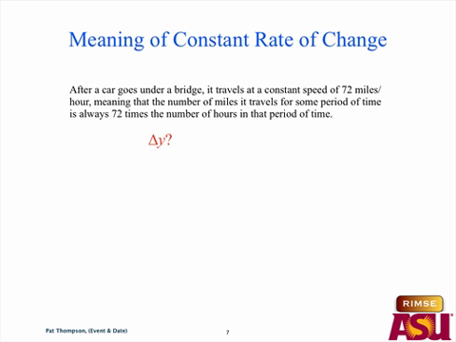Okay, Richard, you're up. What do you think? What part of this description would be delta y? What should I underline or circle here for delta y? So what phrase or word from here? Number of miles it travels.